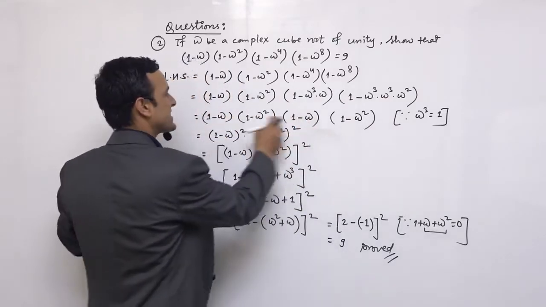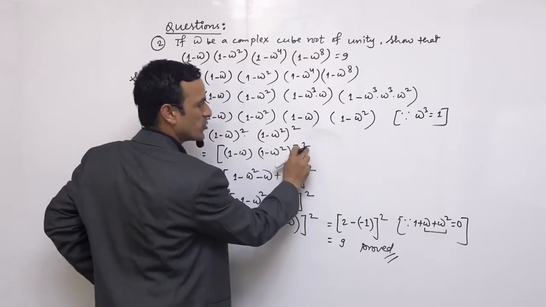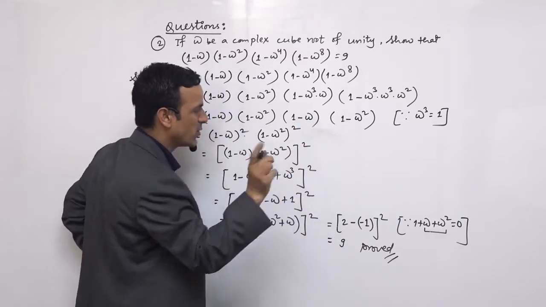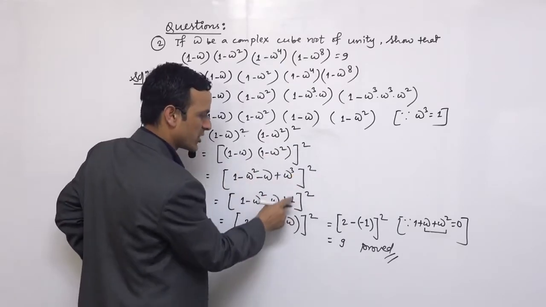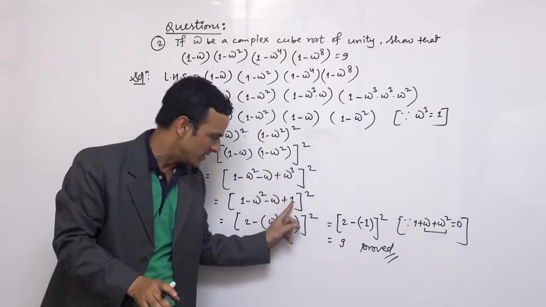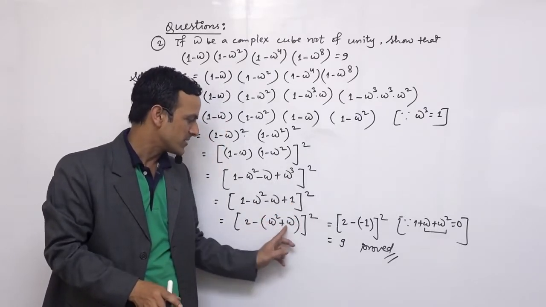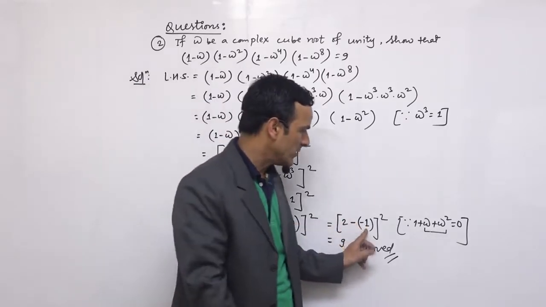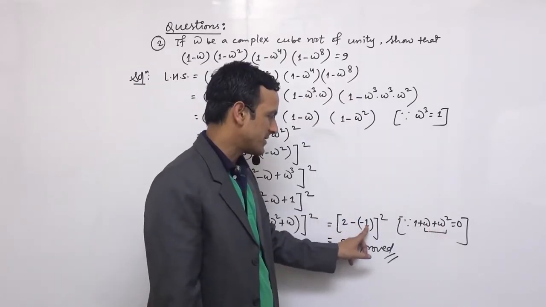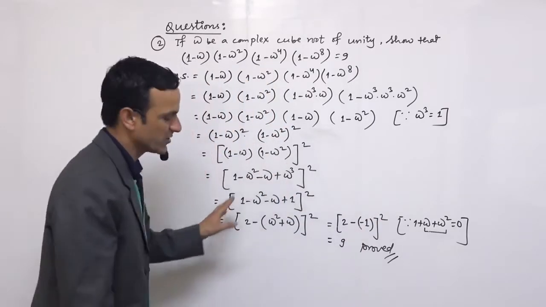If you multiply this and this whole square, then square and square put together, we can use only 1 2, and after multiplying here, again we can use omega cube is equal to 1. Then 1 plus 1 is 2, and by taking minus common, we can use the formula again, minus 1. From here, 2 plus 1 means 3, 3 square means 9. So in this way, we can calculate the question.